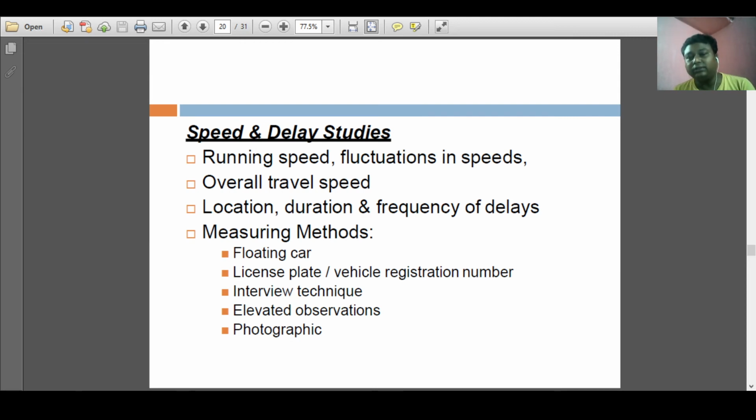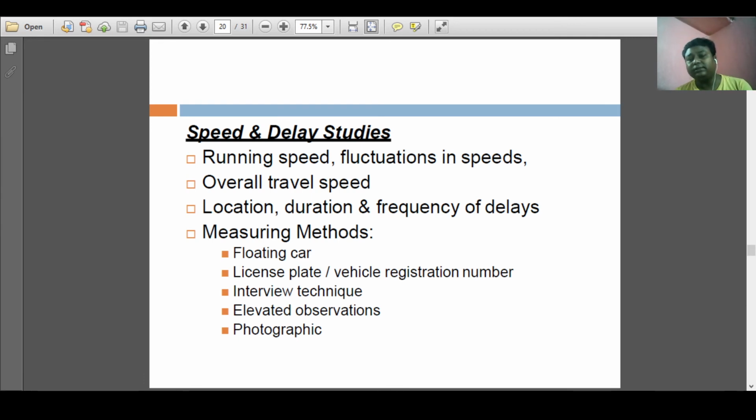The second surveyor will note down the possible reasons of delays, why the delays have taken place, whether there was some traffic jam, some march, some meetings, or some events on the road.